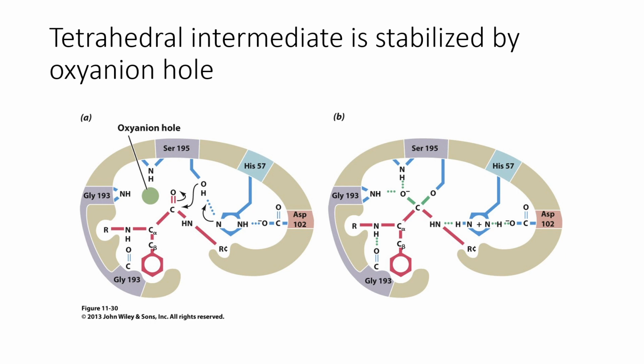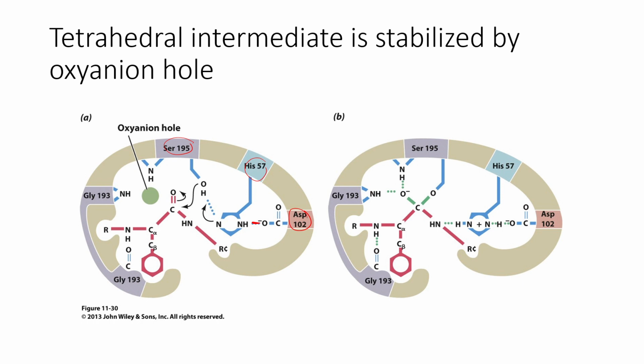This is a slightly different view from where we were before, so let's first orient ourselves. We have our catalytic triad. Here's our aspartate. It's helping to stabilize this histidine with this hydrogen bonding, right? And then we have our serine.